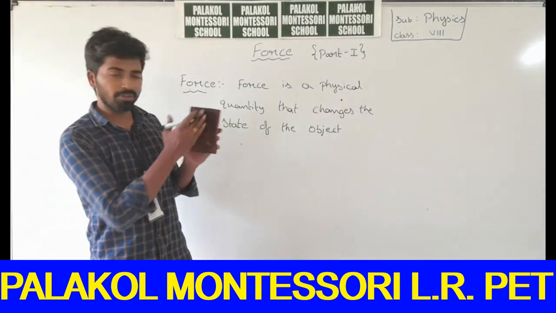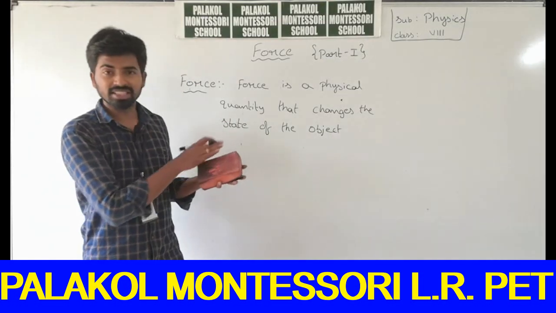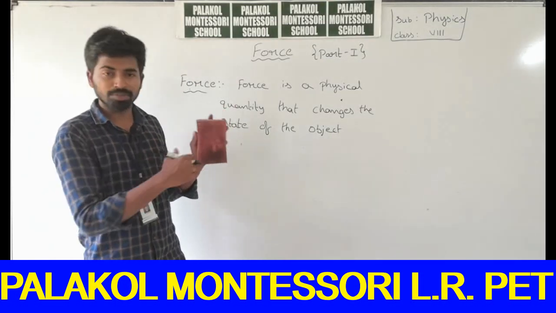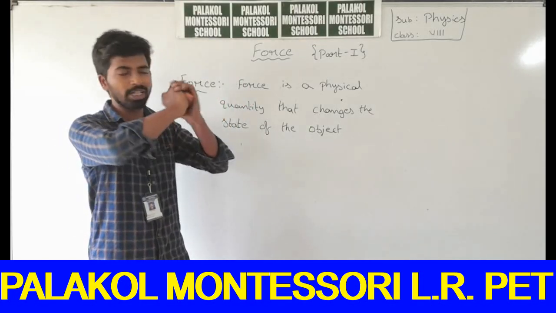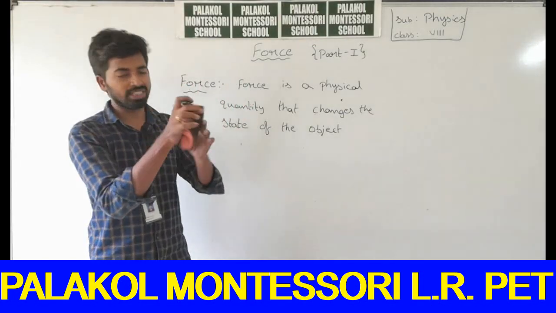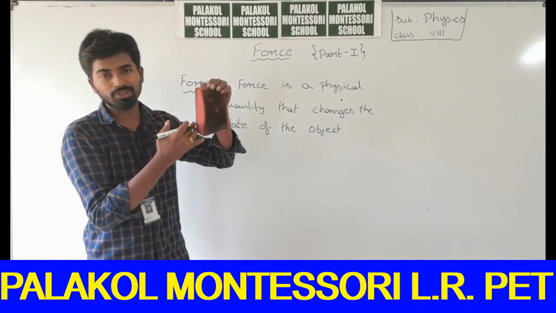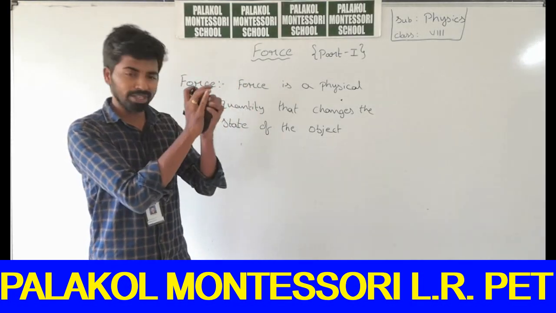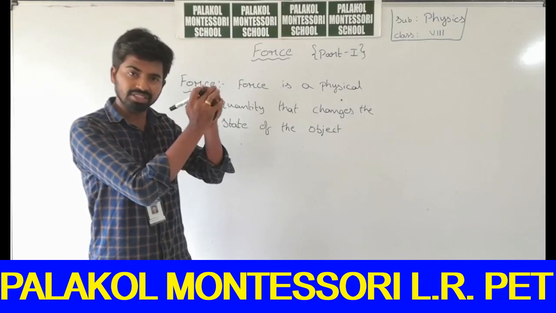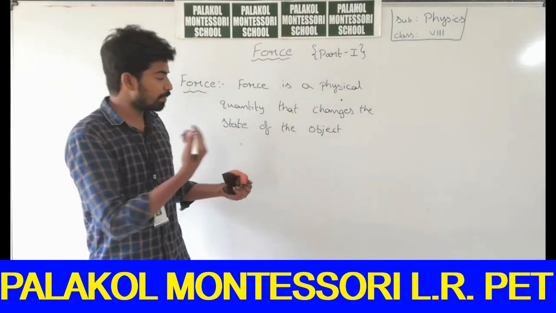The shape of the object is cuboid. If I apply the force, the shape is irregular now. Before applying the force, the shape is cuboid. After application of the force, the shape is changed.